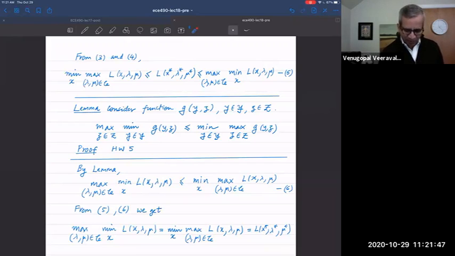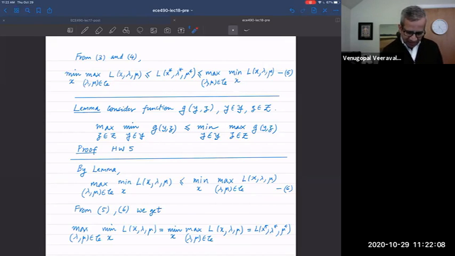This is very easy to show. I'd like you to do it in homework 5. So max min is always going to be less than or equal to min max. But what equation 5 says is that the min max is less than or equal to the max min.